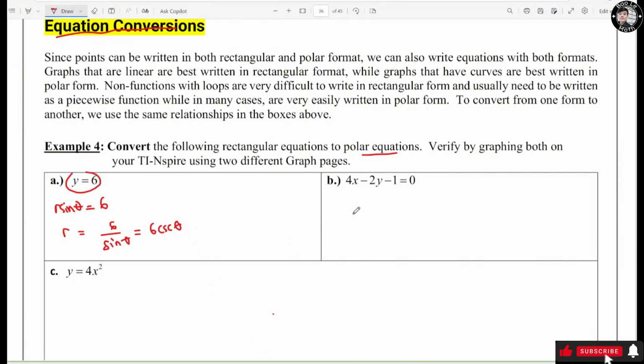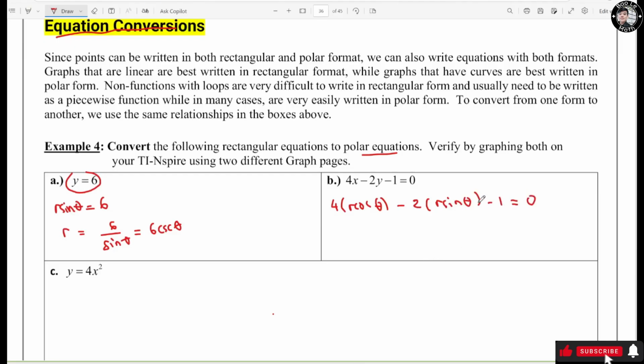Now let's move on to question B. You know that x equals r cosine theta, so I have 4 times r cosine theta minus 2 times y, which equals r sine theta, minus 1 equals 0.